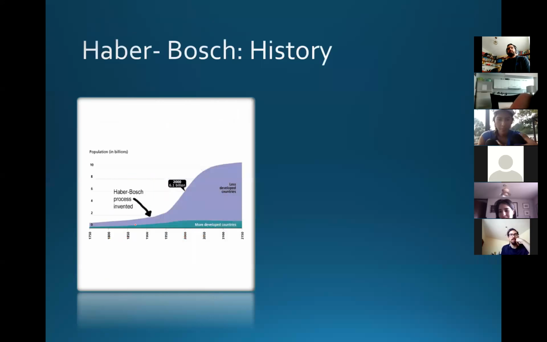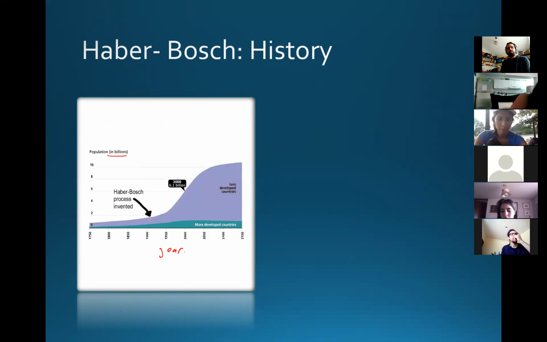Now, just a little image, a little bit of thought for you. This is a plot of the year against the population in billions of people, so thousands of millions, because Americans use billions in a different way than we do.